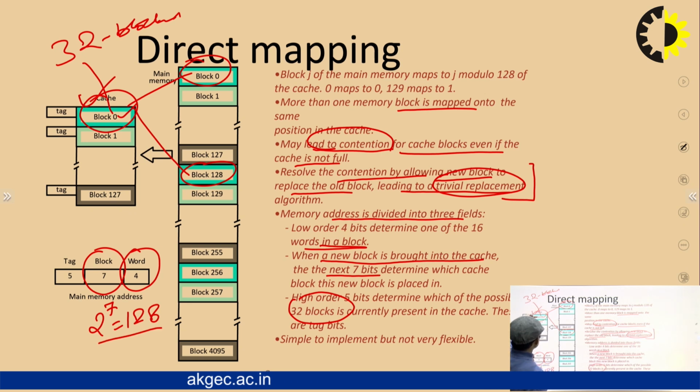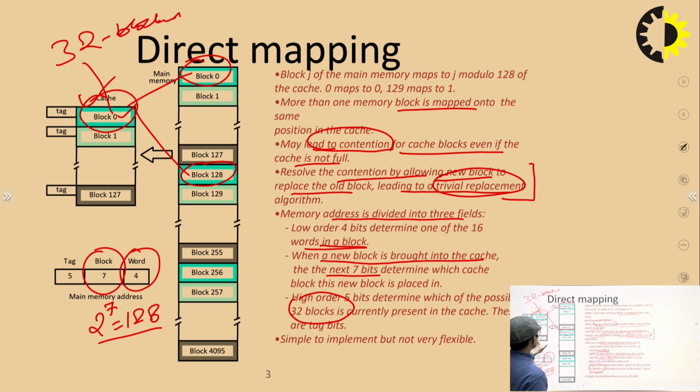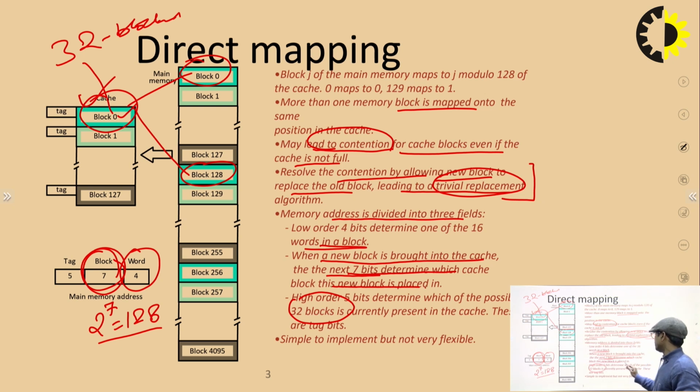So, this is cache line 1 and this is cache line 128. So, block 0 will come here and block 128 will come here, because that address is determined by the block bits in an address of 16 bits. Fine. So, the next 7 bits determine which cache block this block will be placed in.